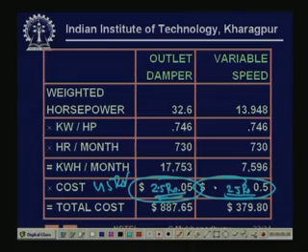Not exactly, it varies from state to state, it varies on various energy slabs, and industrial energy rates anyway do not depend just on the kilowatt, they also depend on the maximum demand.